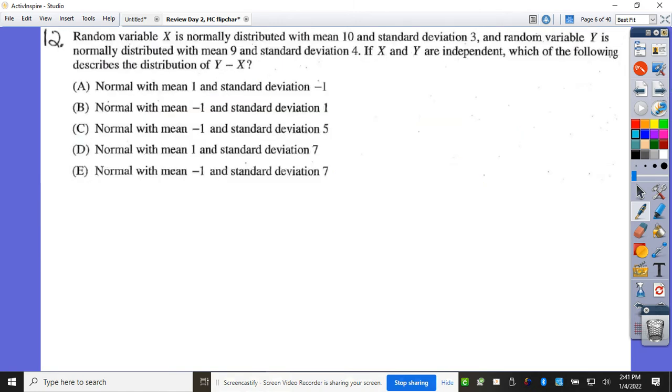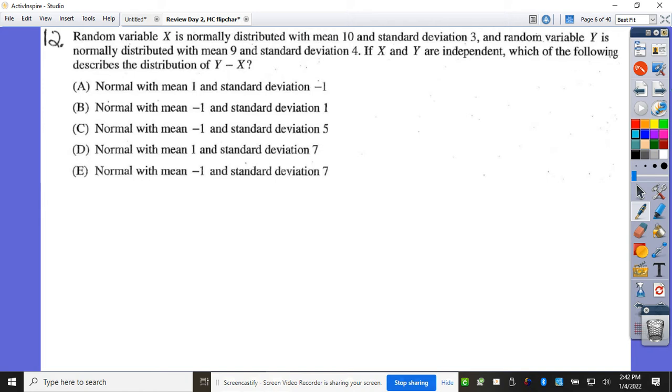Number 12. This is one where only certain answer choices are a little bit concerning. I think some people might have missed this one because they didn't read the problem.